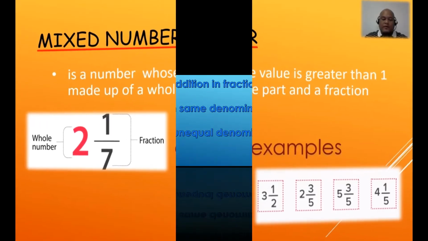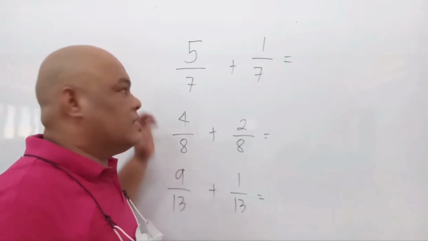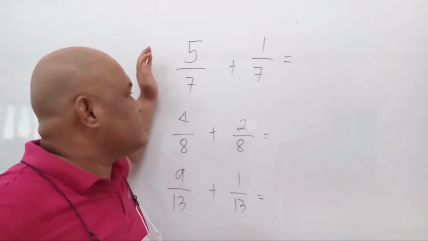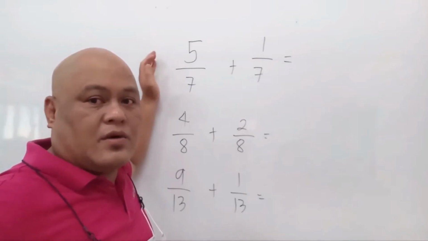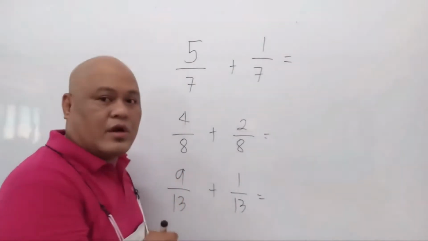Let's discuss our new topic. It is all about addition of fractions with the same denominator. Listen carefully. In addition of fractions with the same denominator, we have to add only the numerators.